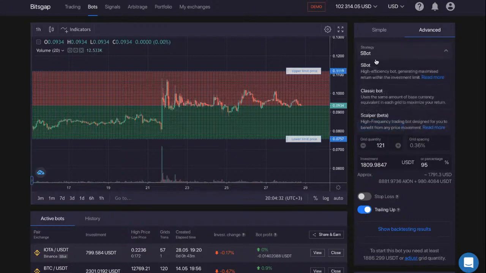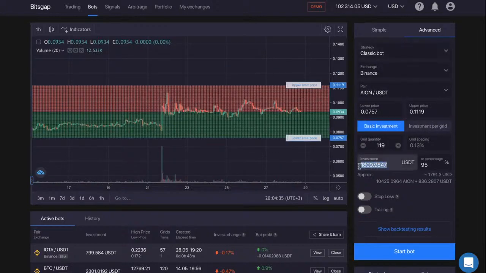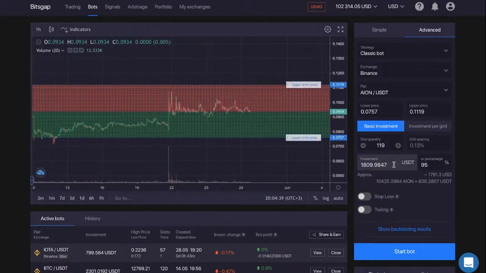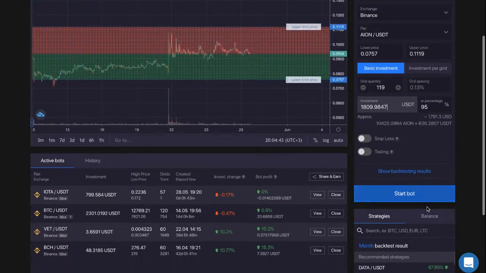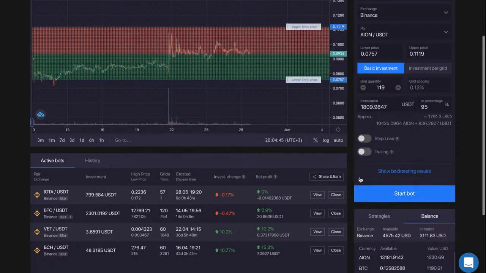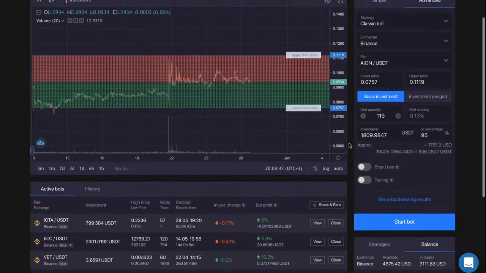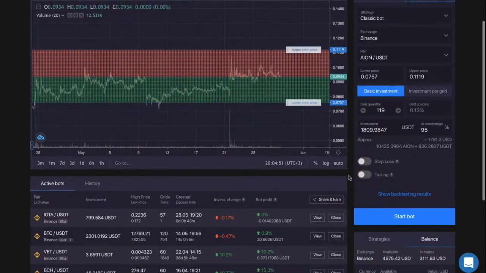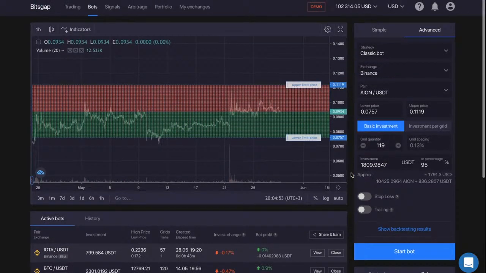But when it comes to the classic bot, what can happen is that it can go beyond the investment, so it can take extra available balance from your account simply to initiate other trades. All right, that's due to the technical specifications, and you can read more about it in our blog.